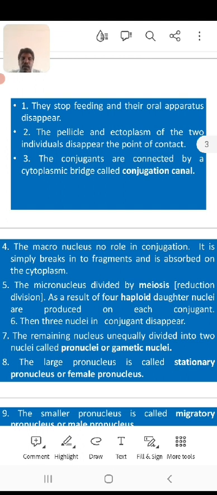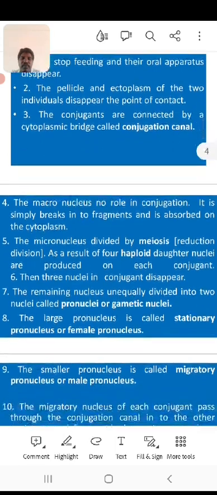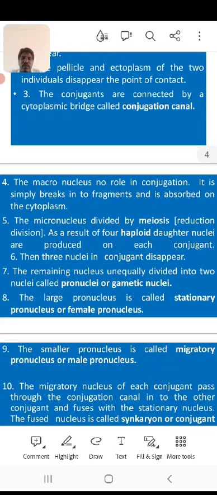The larger pronucleus is called the stationary pronucleus or female pronucleus. The smaller pronucleus is called the migratory pronucleus or male pronucleus.